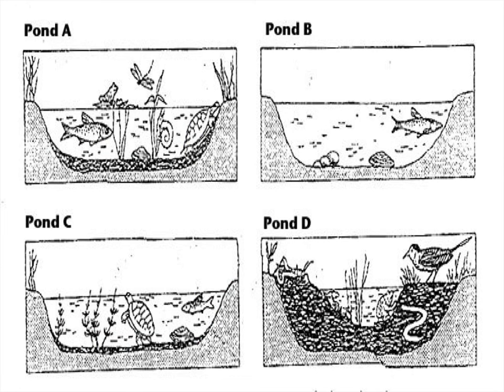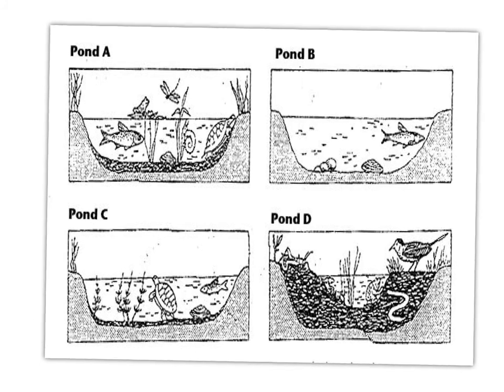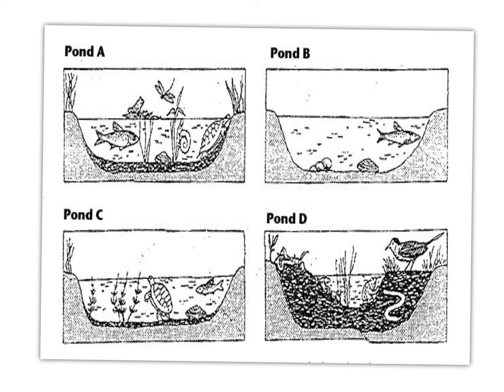And this should also look familiar to you from your packet. So if you're looking at succession in this pond, you're going to see that pond B would be first, okay? Because it's the deepest, and you don't have anything filling in the dirt here. Then you would have pond C, because it's starting to fill in here at the bottom.